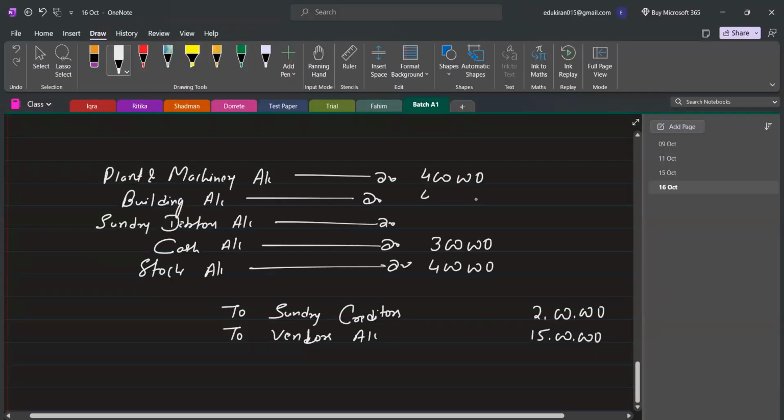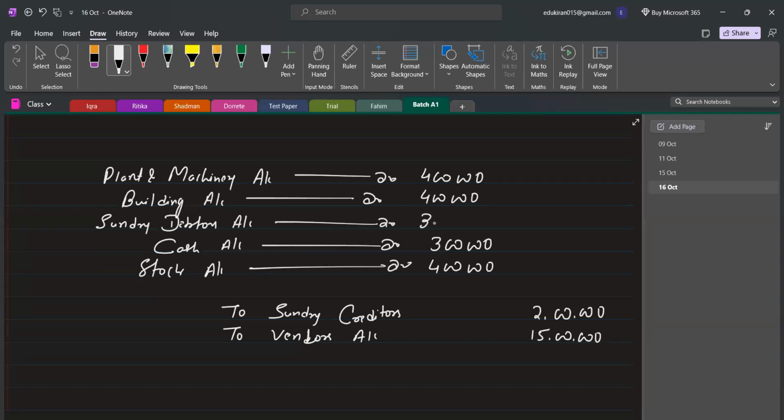Now, we have taken assets of how much amount? Total value of assets taken over is 18 lakhs. And liabilities taken over? 2 lakhs, sundry creditors.